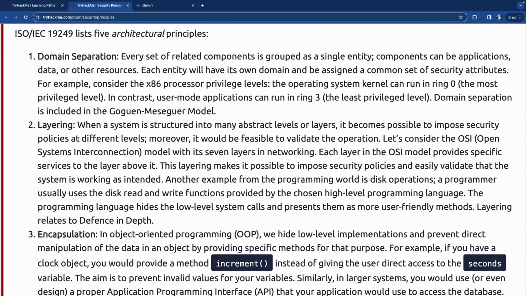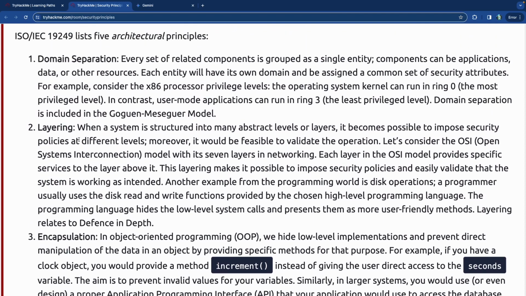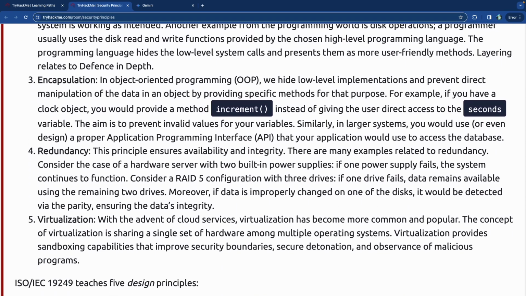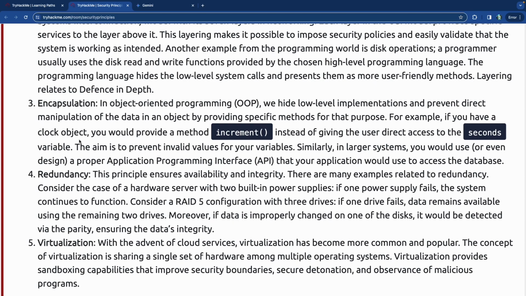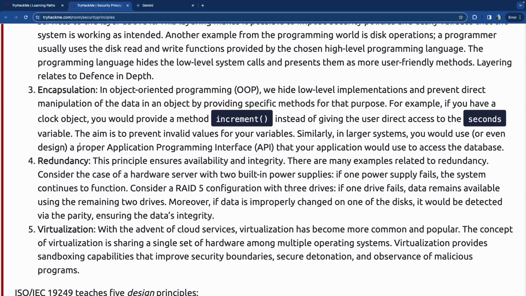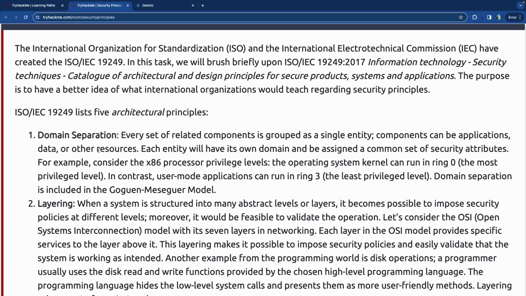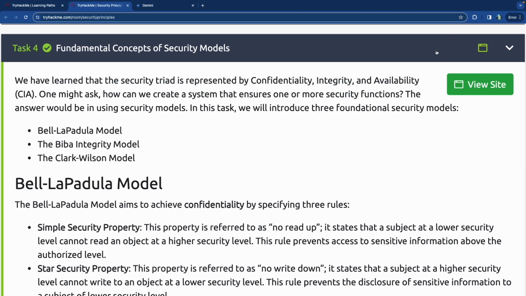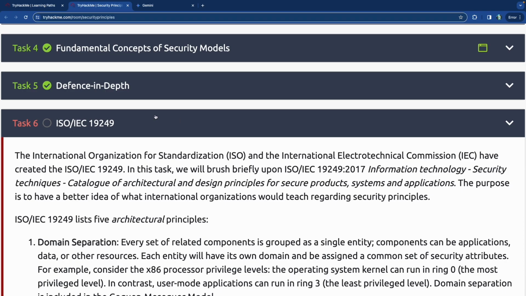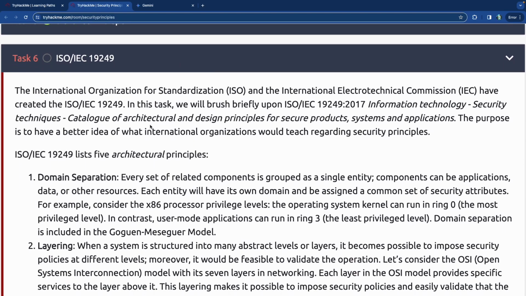If you have watched a lot of my videos or any of my videos, you will have probably heard me refer to some of these things at some point. The machine that I'm on right now is technically a virtualized machine, right? And when we do a view site button right here, that is virtualization. When we do a lot of our attacks, a lot of our pen testing exercises, we attack virtual machines.